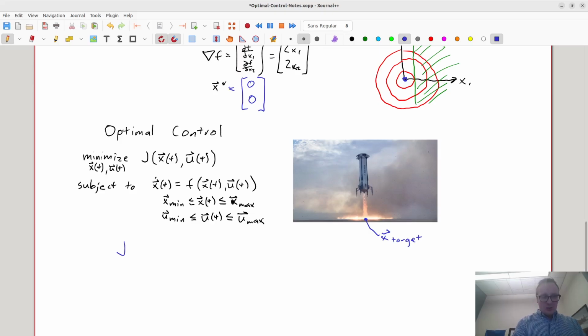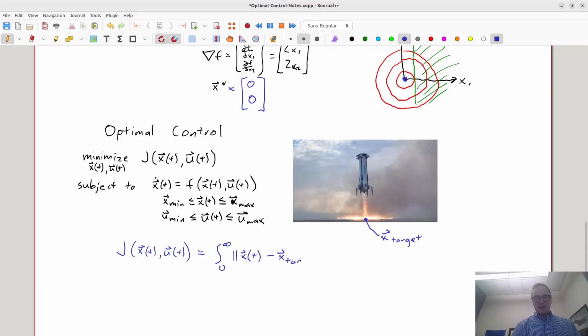And so therefore we might have the objective function J of x(t), u(t) equals the integral over time of the distance between x(t), the state at the current time, minus the x target.